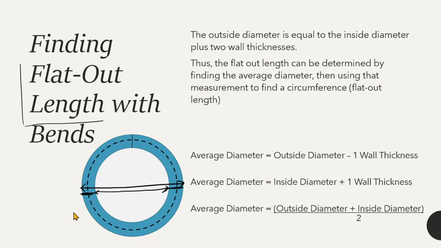That's one wall thickness. So if I'm given an outside diameter and I want an average diameter, I subtract one wall thickness. If I'm given an inside diameter and I want to find the average diameter, I add one wall thickness. If I don't have the wall thicknesses, you can figure them out from inside and outside, but you can also just do outside diameter plus inside diameter and then take your answer and divide it by 2.